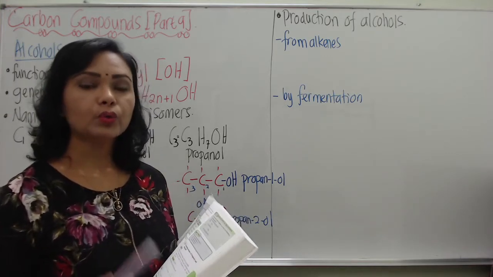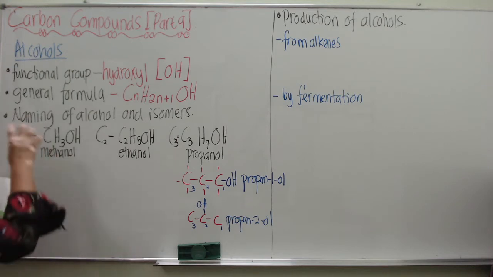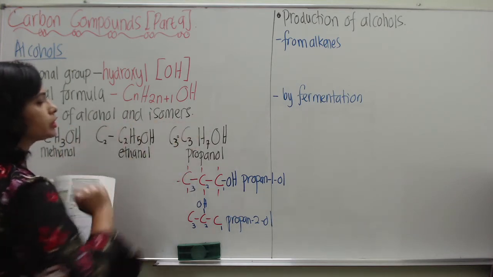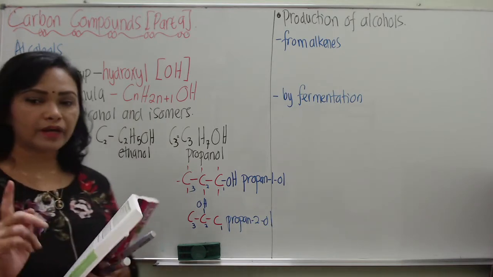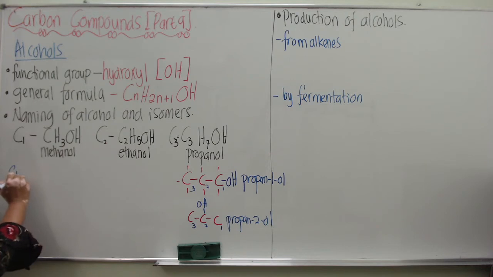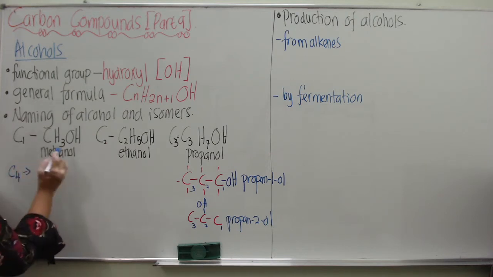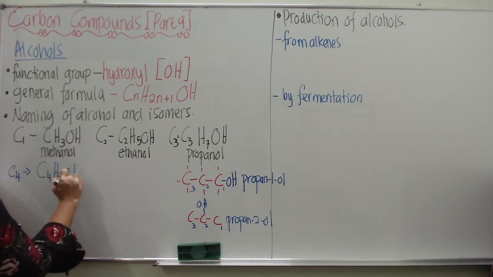Now let's go to the isomers of butanol. Since you students know how to produce the molecular formula according to the general formula, the teacher will explain up to butanol only. The molecular formula for butanol is C4H9OH.